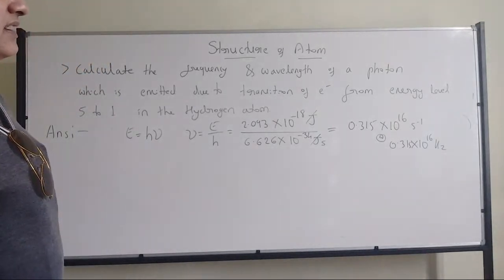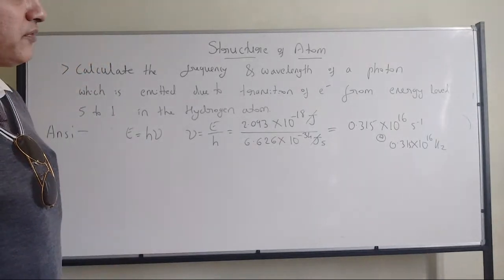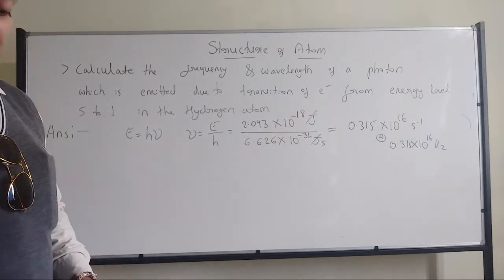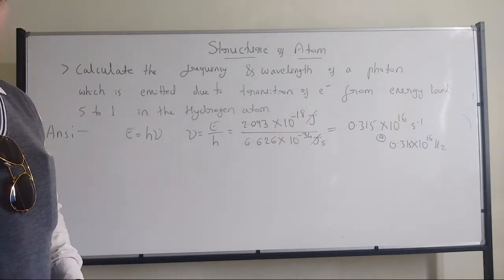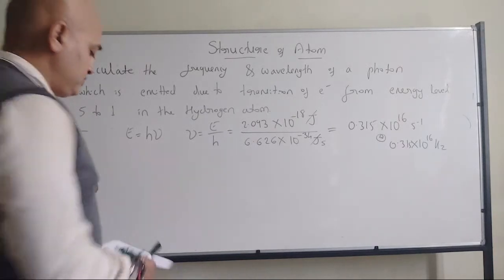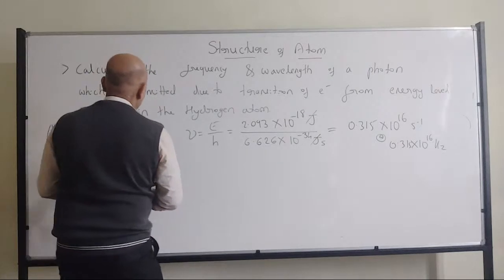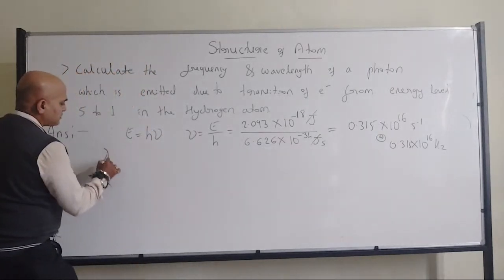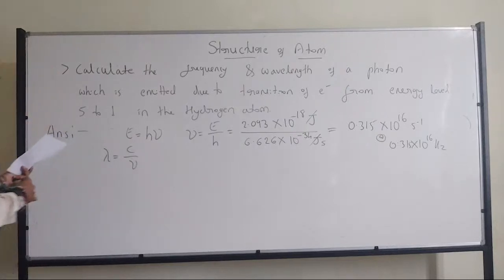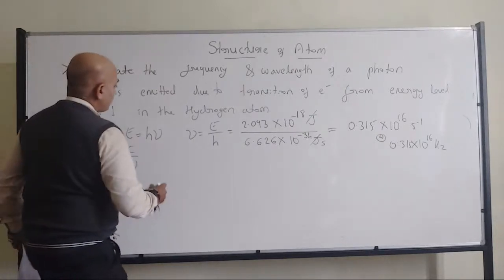What is that frequency? 0.315 into 10 to the power of 16 per second, or hertz. C by nu. Yes, Pooja, very good. So lambda is equal to C by nu. That's the equation. What is C? Speed of light.